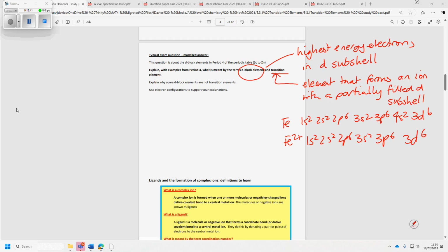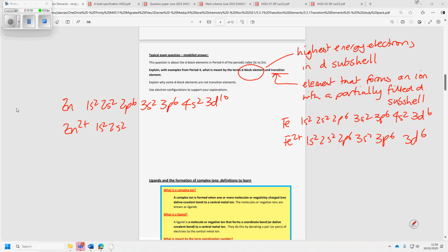So we need to think about some electronic configurations for these. Zinc: 1s2, 2s2, 2p6, 3s2, 3p6, 4s2, 3d10. The only ion that zinc can form is the zinc 2+ ion. It doesn't form any other type of ion. It's not like iron or chromium where there are variable oxidation states for the compounds. Zinc only forms the zinc 2+ ion.